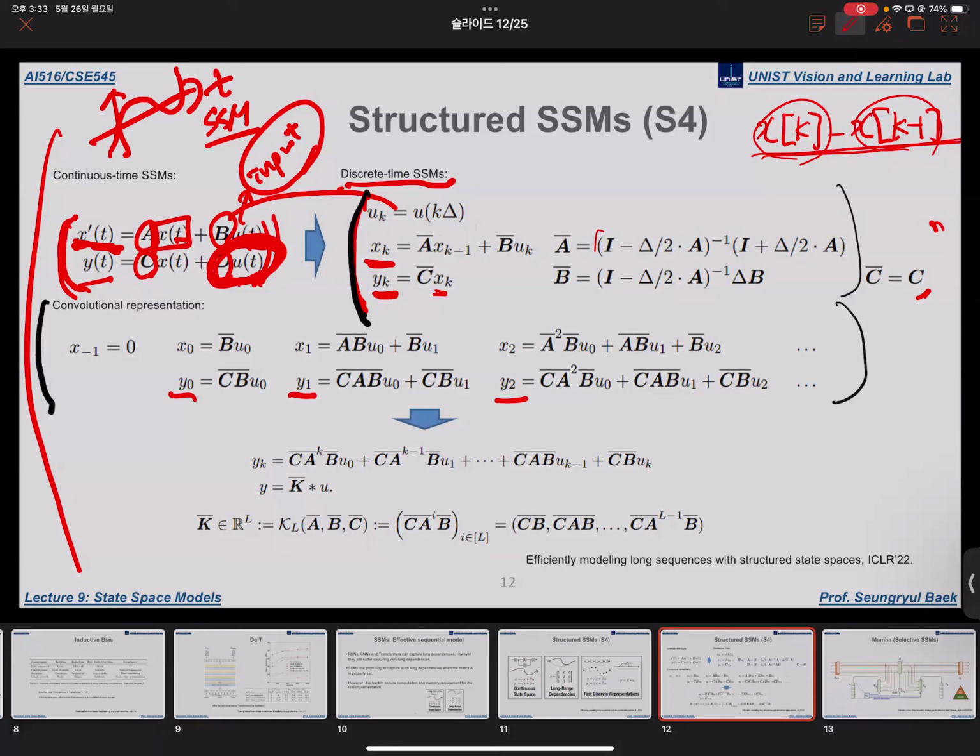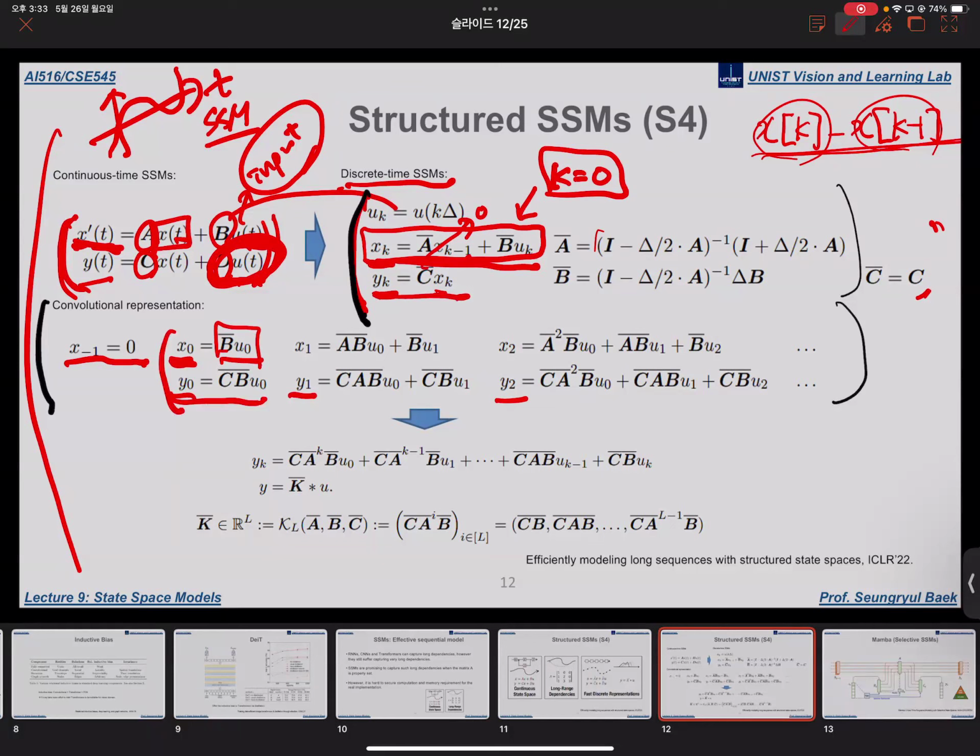When calculating x0, you apply k is 0 to this formula, then you can find that when x minus 1 is 0, this term goes to 0, so only this term remains. And then using the next one, you can get this y0. And you can also next calculate x1, y1 by using this result.